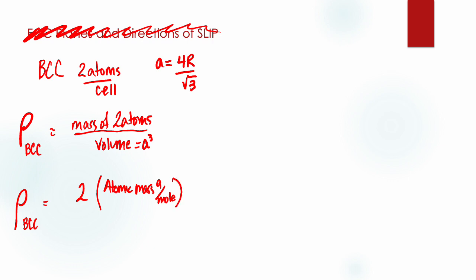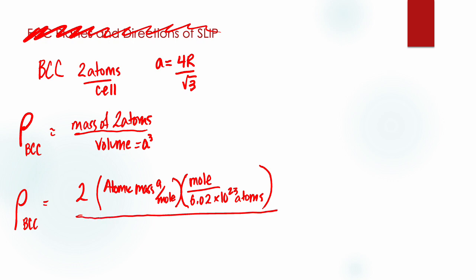And then I need the mass of 2 atoms, not 2 moles, so I'm going to need Avogadro's number. A mole is 6.02 times 10 to the 23rd atoms. That's Avogadro's number. So that's the mass of a unit cell. And the volume of a unit cell is a cubed, so that would be 4 times the atomic radius over the square root of 3, cubed.